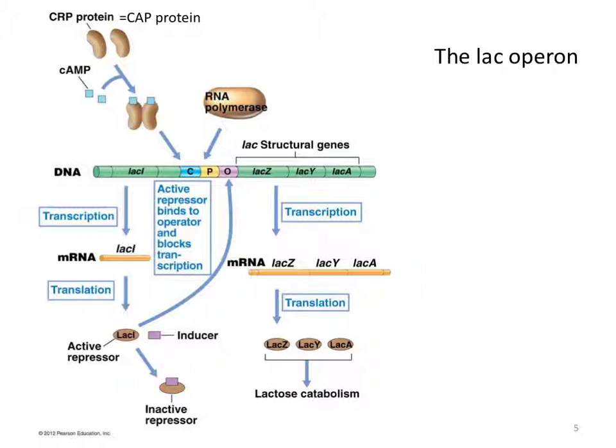And there's the role of the catabolite repression system, whereby glucose levels control cAMP levels, which controls the interaction of the CAP protein with the activator binding protein site, which is shown in blue here, and that plays a role in the efficiency of transcription. It helps to tether RNA polymerase to the promoter region. So we have sort of a two-part control system, all of which control lactose catabolism.